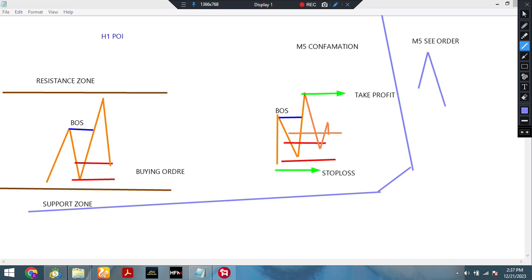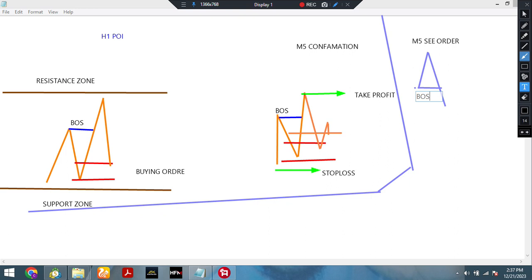It come like this. Now it will give you something like this. Immediately you see this, which is our BOS in 5 minutes. Please, this is not high time frame.